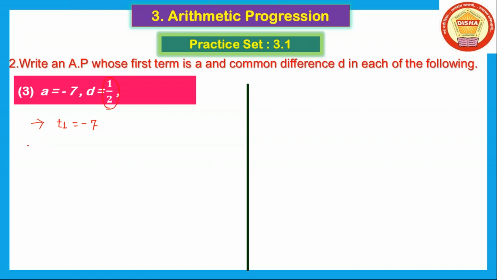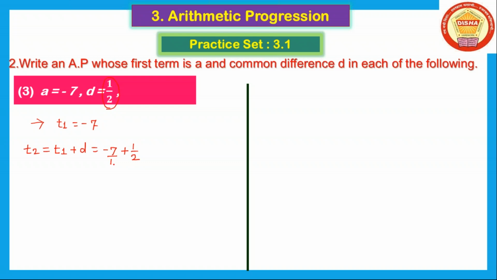Then we find T2. T2 is equal to T1 plus D. T1 is given. T1 means A. A is here negative 7 plus common difference is 1 upon 2. Again here one number present is integer and second one is a fraction.